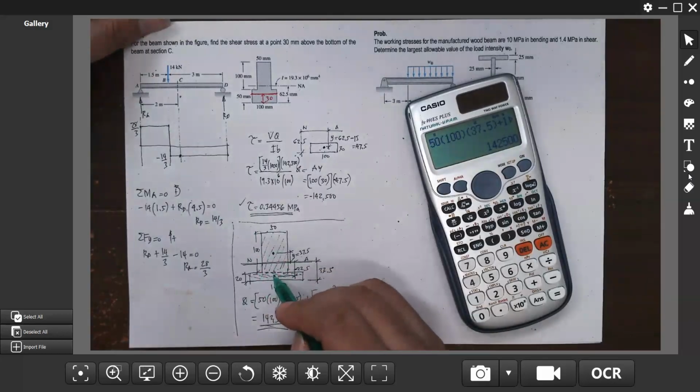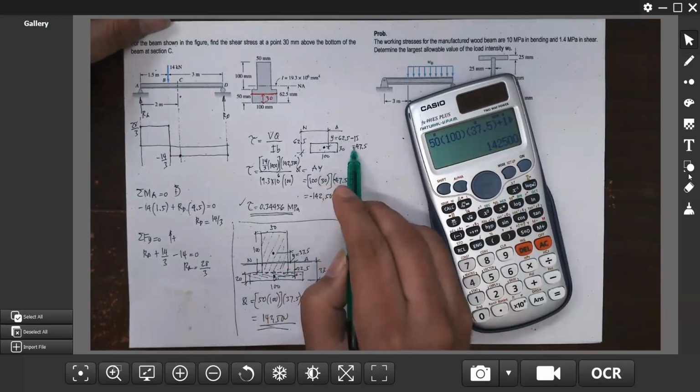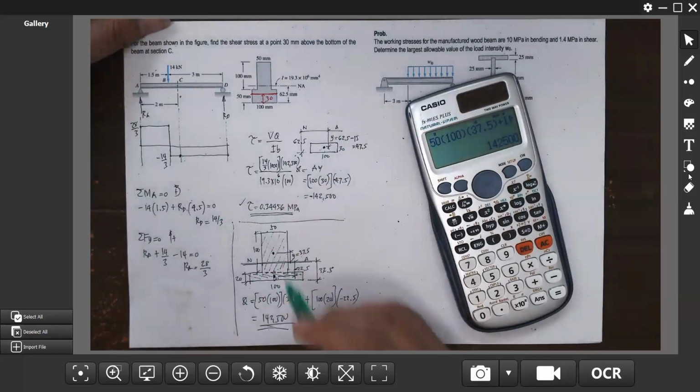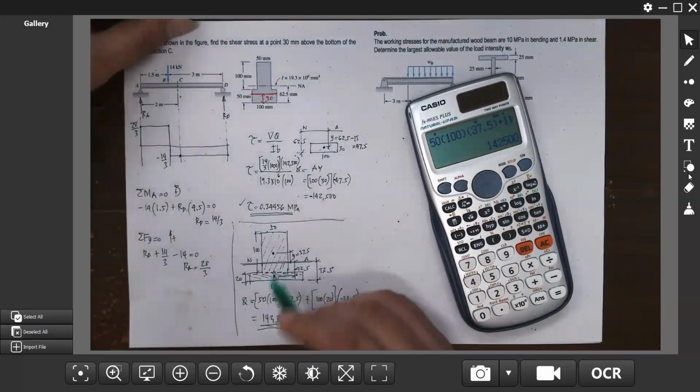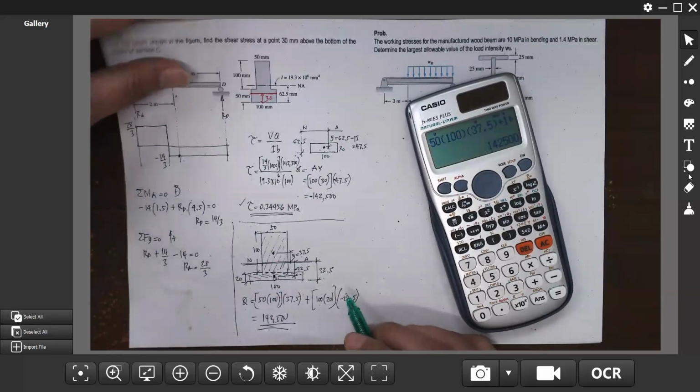If the point is below the neutral axis, it is negative. But if the point is above the neutral axis, it is positive. Like this one, positive. This one, negative.